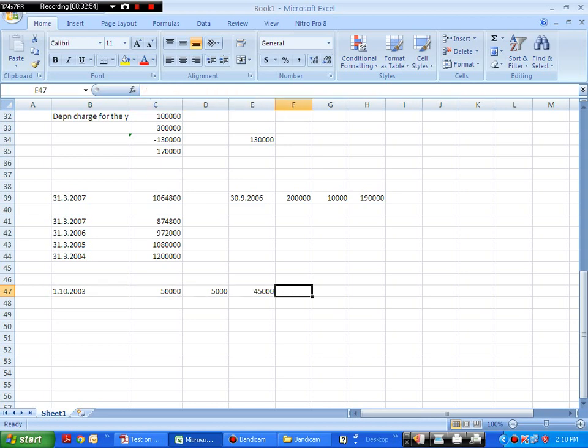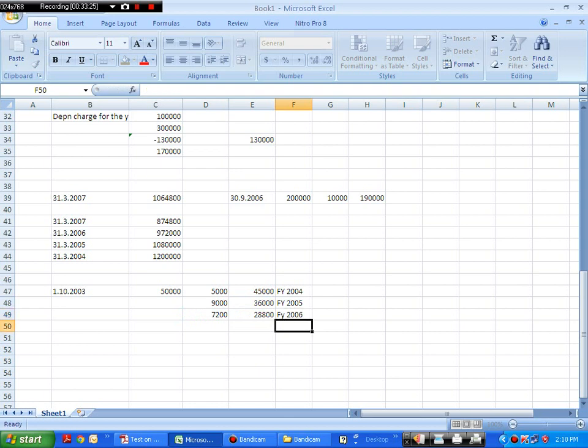Okay, so this is for FY 2004. Next, for FY 2005, the depreciation will be 45,000 into 20%. Okay, so our WDV will be 36,000 for FY 2005. For FY 2006, it will be 36,000 into 20%, and the WDV will be 28,800.